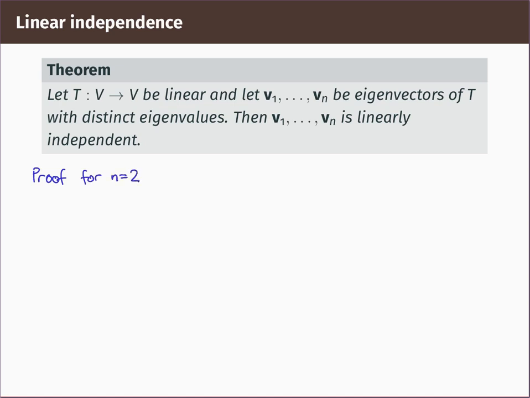So let's say we have T of u is a times u, and T of v is b times v, and a and b are different scalars, and u and v are non-zero. They're not the zero vector in V, so that u is an a-eigenvector and v is a b-eigenvector, and a and b are distinct.